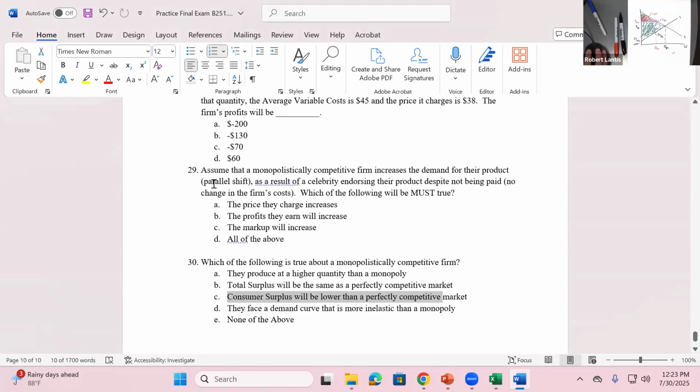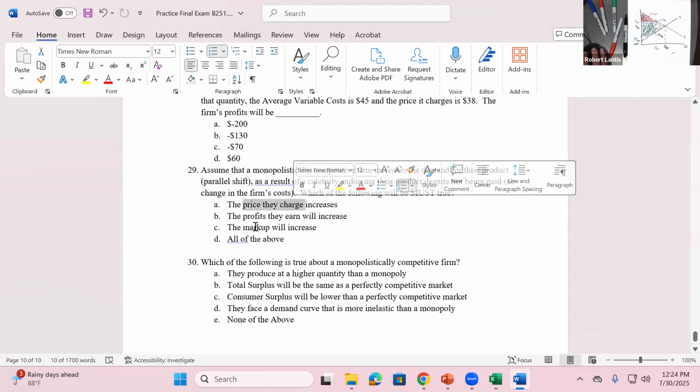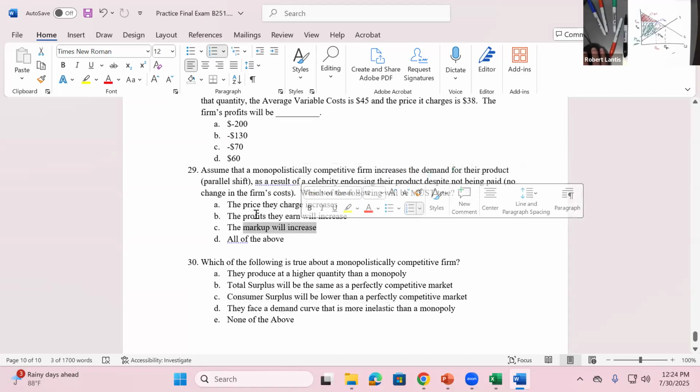All right. And then we really already talked through 29. We said what happens when we see these demand increases. I went through and we said we see price, quantity, and the markup all increase, right? So prices would increase, markups would increase. If I've increased price and I've increased the quantity I'm selling here, I should also see that my profits would go up as well, as long as my total costs don't change.